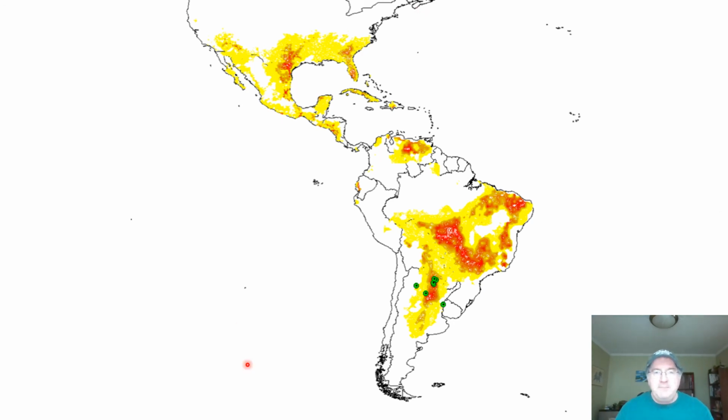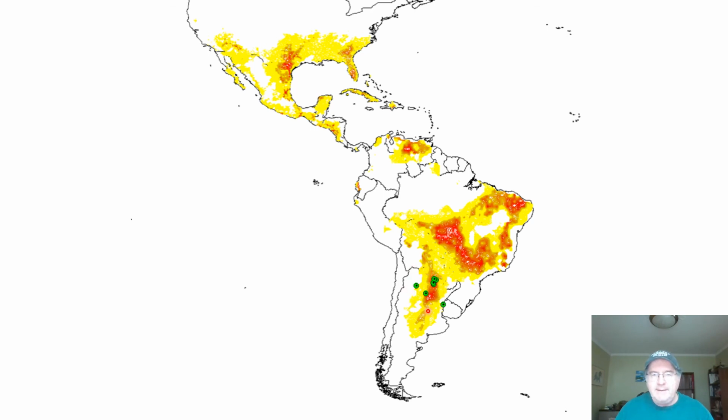The example on this map is another common use, and that is to look at the potential geographic spread of an invasive species if it overcomes the distributional barriers that it has. So in this example, this is Cactoblastis moths. These are moths whose caterpillars feed on prickly pear cactus.